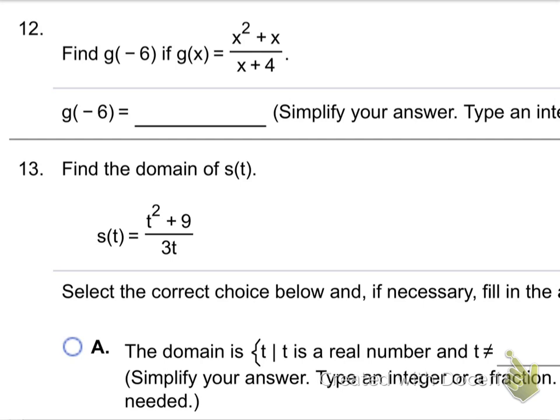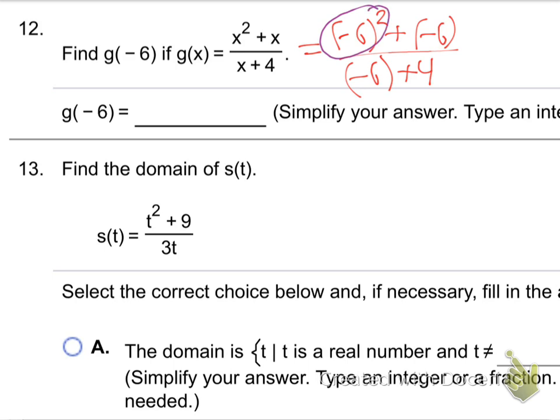Okay, so how's that working out for you? If you plug in -6, you get that. Is that good so far? Everywhere we had x, I plugged in -6. What is -6 squared? Positive 36, right?